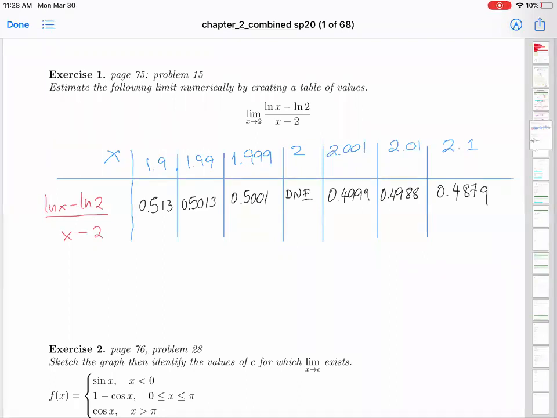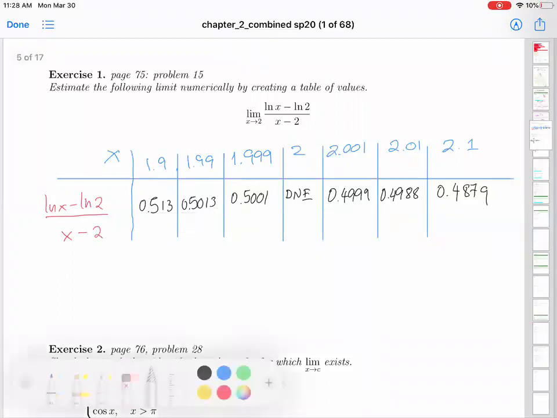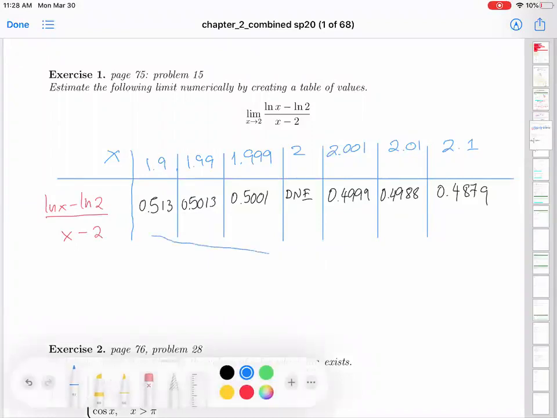And I compute the function values when x equals 1.9, 1.99, 1.999, and so on and so forth. So after gathering all the function values, I make an observation, which is, it started from bigger values and it's decreasing down to 0.5.